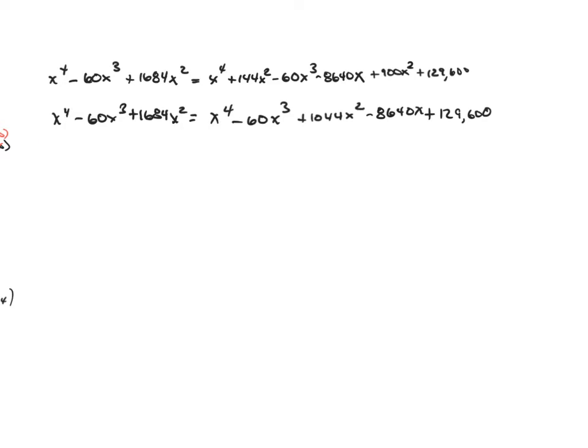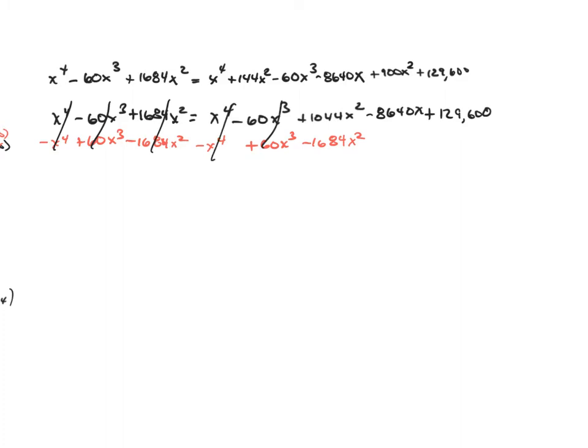I'm going to subtract x to the fourth from both sides. I'm going to add 60x cubed to both sides. And I'm going to subtract 1684x squared from both sides. And let's see what we get. Actually, a couple of things cancel out.